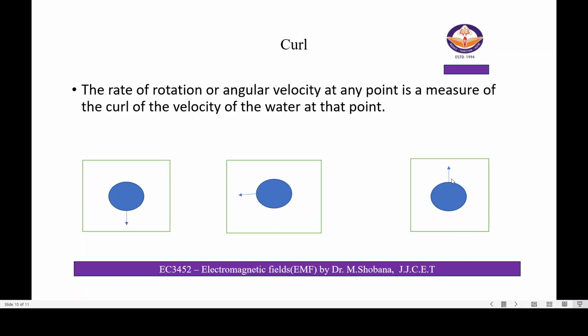A positive value of del cross V along the z direction denotes a rotation from x to y, that is, in a counterclockwise direction.